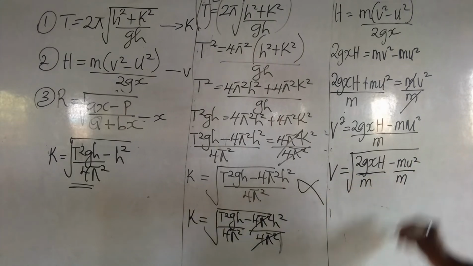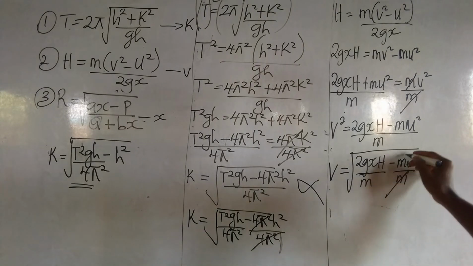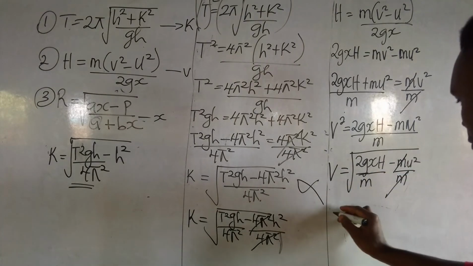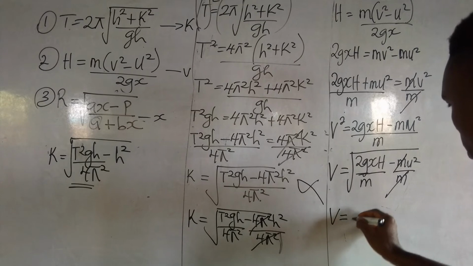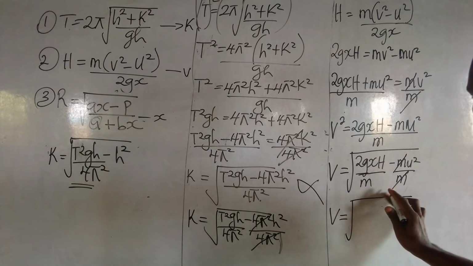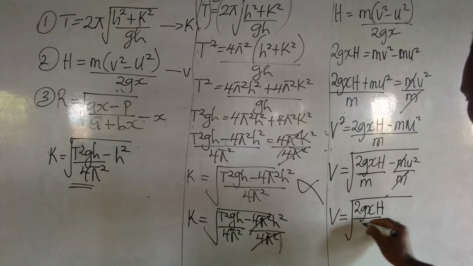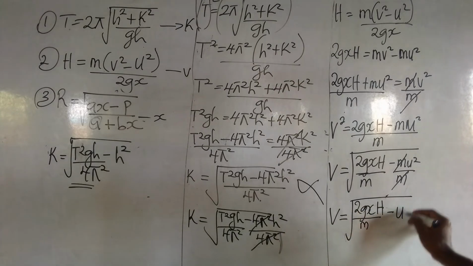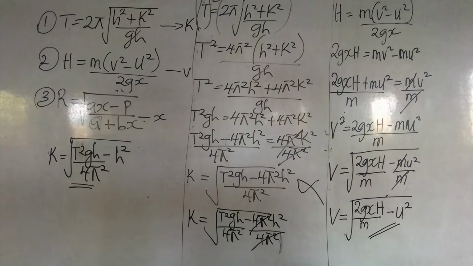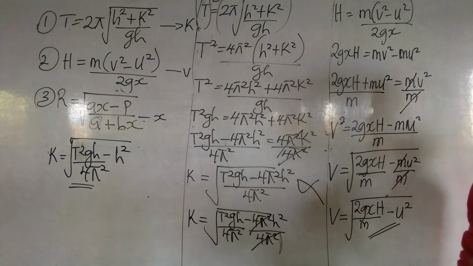You divide this, you now have v, which is your final answer, big root 2gxh over m plus u squared. So this is the answer. Always simplify to the lowest level. So we are done for today.